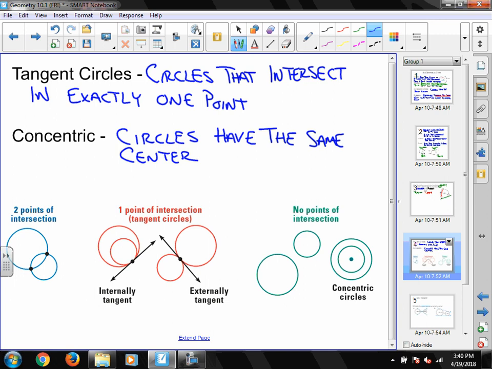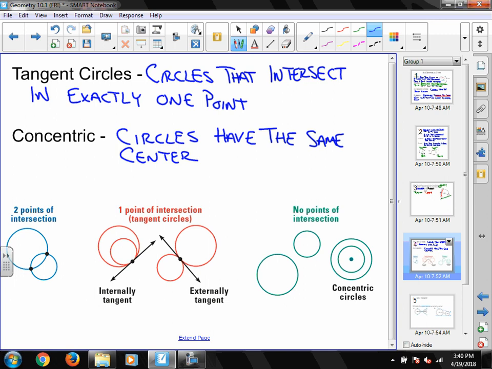So just some pictures down here on the left on my screen, they're in blue. You can have two points of intersection of a circle. You can have one point of intersection, which is going to be those tangent circles. We've got two types of tangents. If one circle is inside the other circle, but they still touch in that one spot, that's called internally tangent.